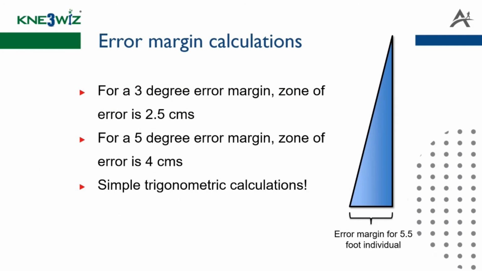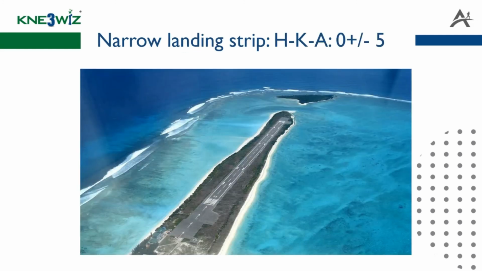If we perform simple trigonometric calculations to look for a 5-degree error margin from the neutral, the foot would move maximally 4 centimeters for a 5.5-foot individual. It is indeed a very narrow landing strip with a very small margin of error.